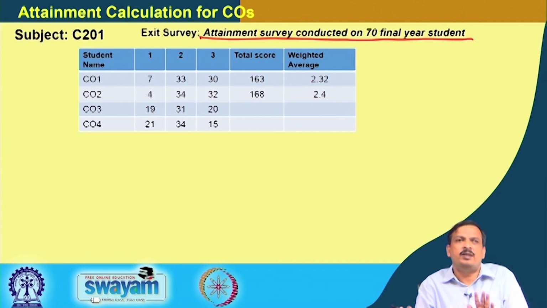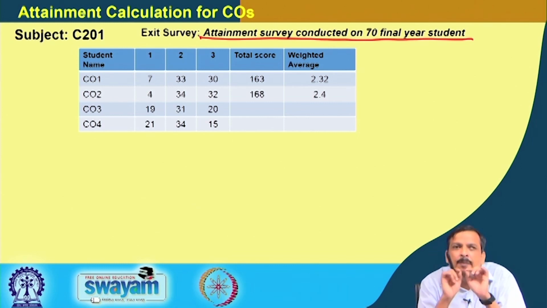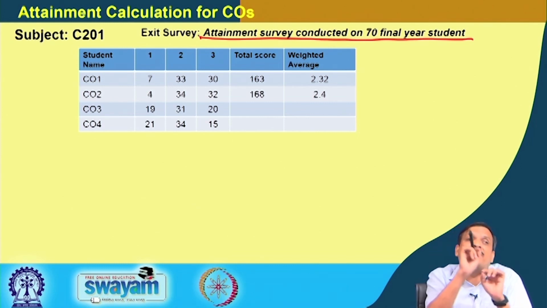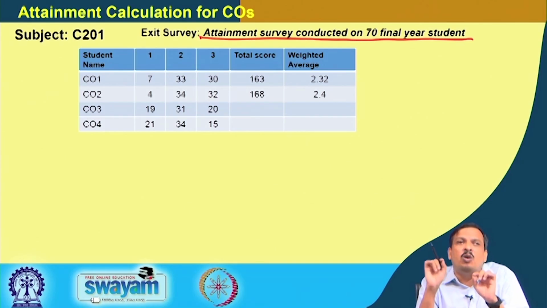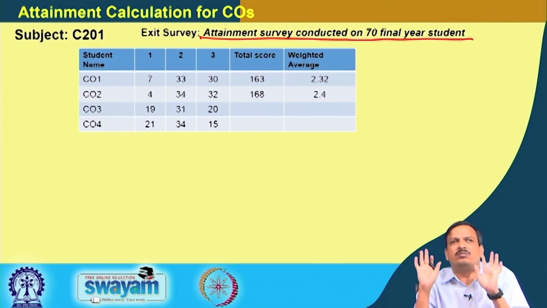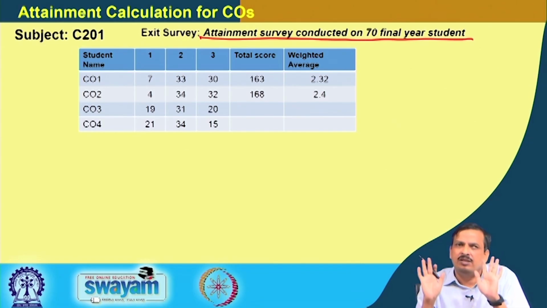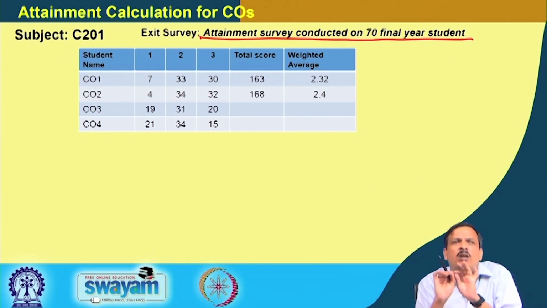So, what I am saying? The entire outcome based curricula is available on this portal. Each student will read that CO and give his opinion about the attainment of that CO, whether the course has attained that CO or not, in a 3-point scale or 5-point scale.